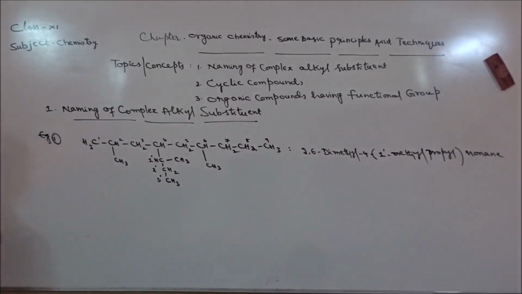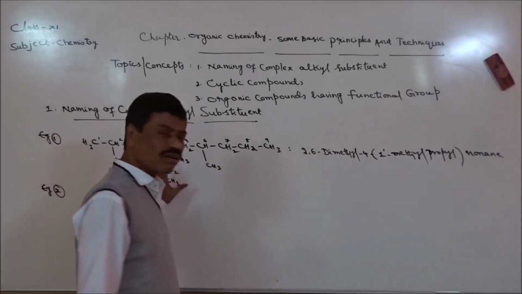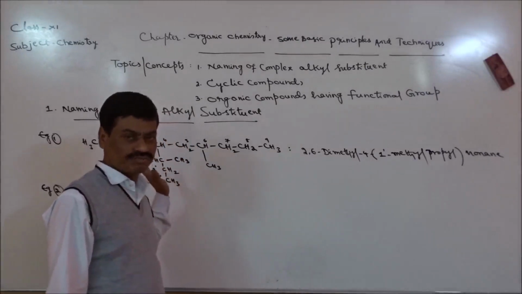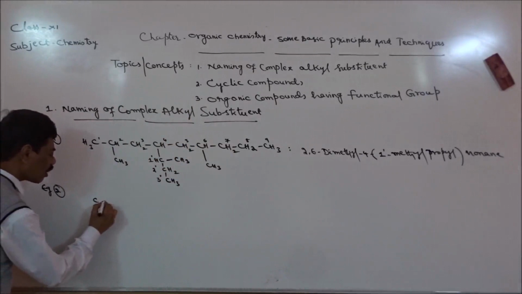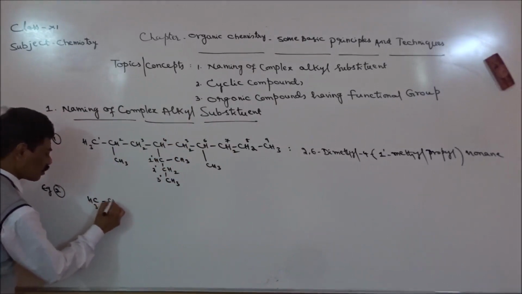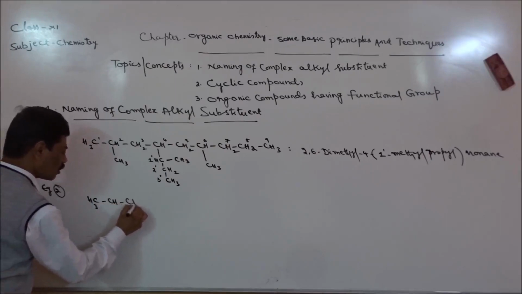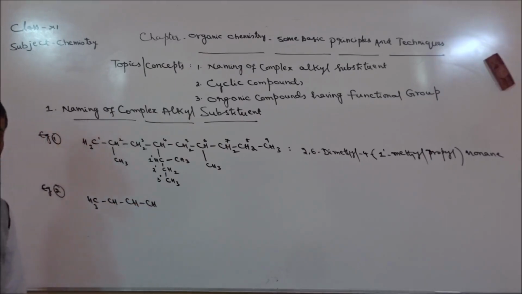Now let us see example 2. Children, you might have understood what is meant by complex alkyl group. Right. Now let us see the other example wherein we have seven carbon atoms. A long chain can possess any number of carbon atoms.